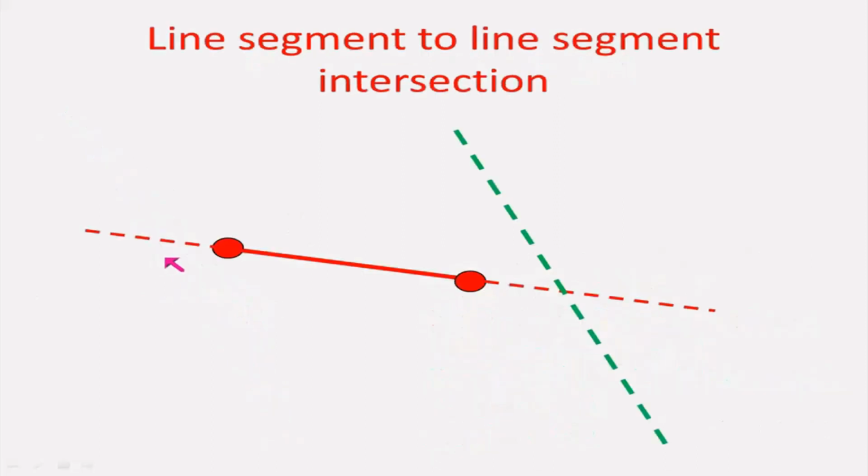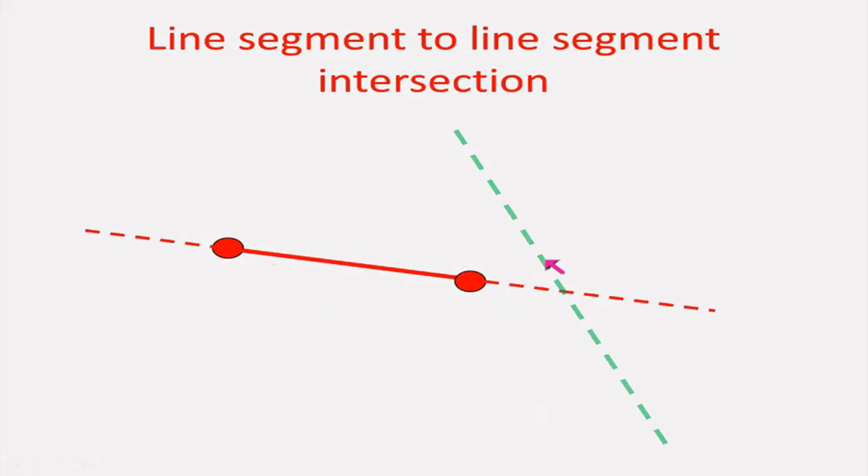There is a simple way to decide whether two line segments intersect each other. Let us compare the red line segment with the green line of the green line segment. If both endpoints of the red line segment are on the same side of the green line, then there is no possible intersection.